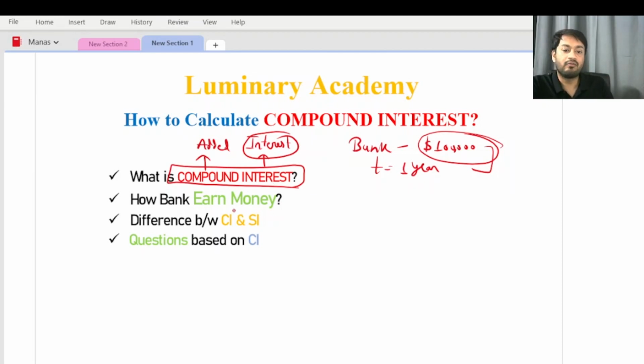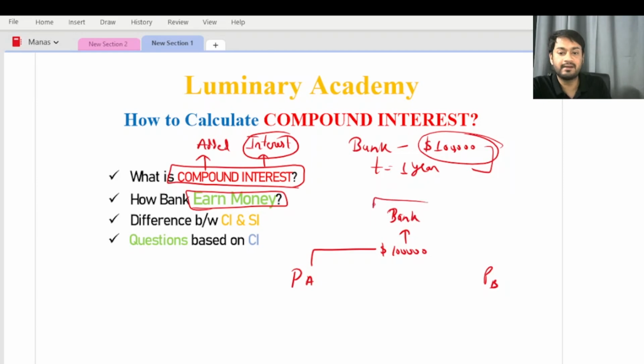Now how do banks generally earn money? Suppose there are two persons, A and B. Person A has money, let's say $1 lakh, and he just deposited this money in the bank, because he has an extra amount.